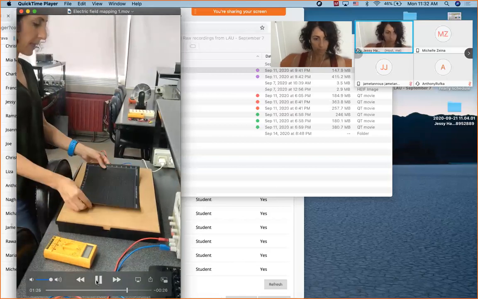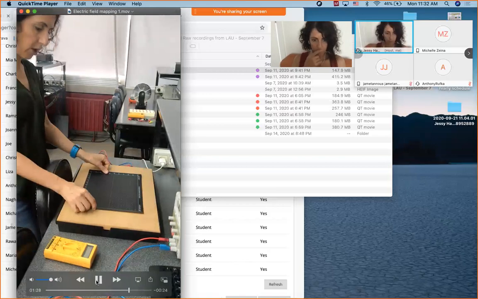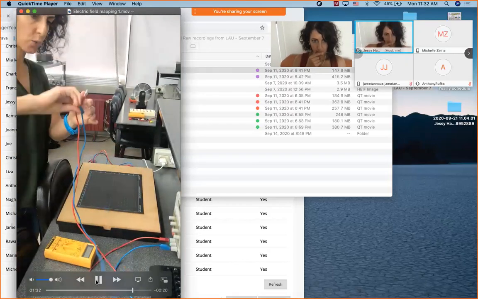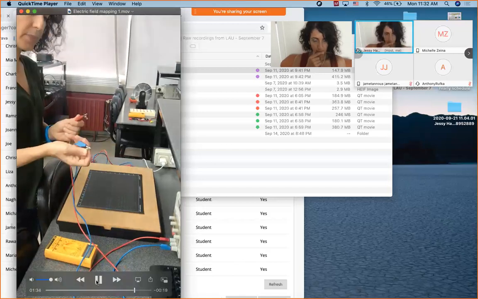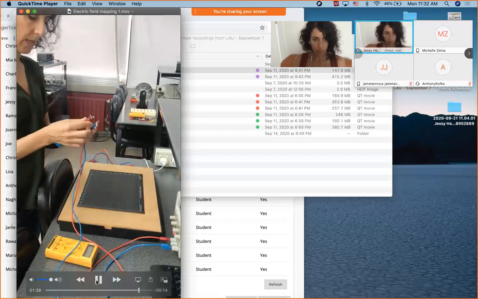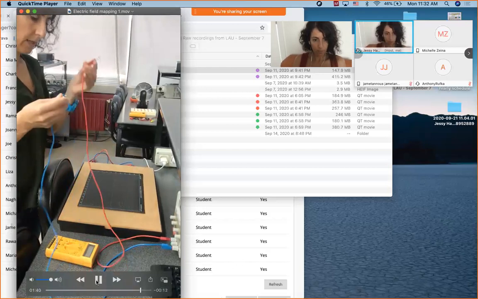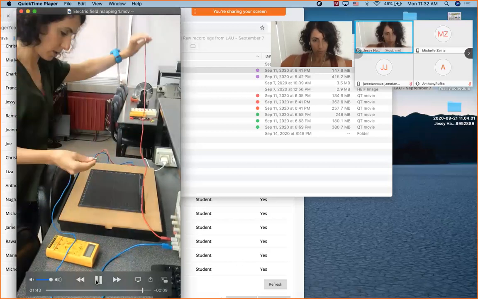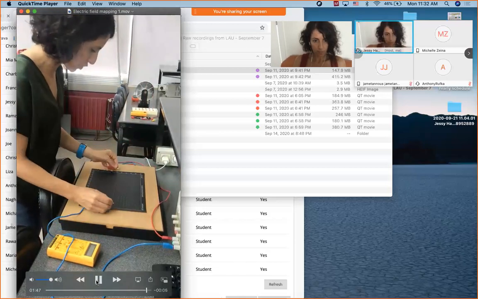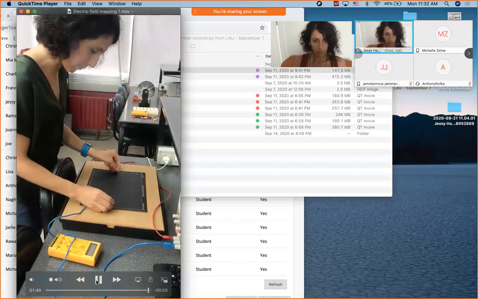I'm gonna place the conductive paper on top of the board. I need to make sure I have conductive pins attached to my wires. I'm gonna poke the paper at the extremities of the paper.